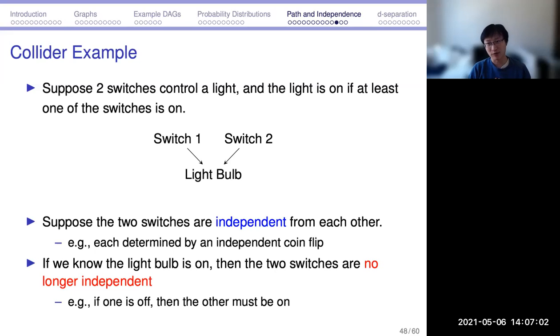Because we know the light bulb is on, we are conditioning on the fact the light bulb is on. In that conditional world, the two switches are no longer independent. So this is an example where when you're conditioning on a collider, the two parents who were independent are no longer conditionally independent.